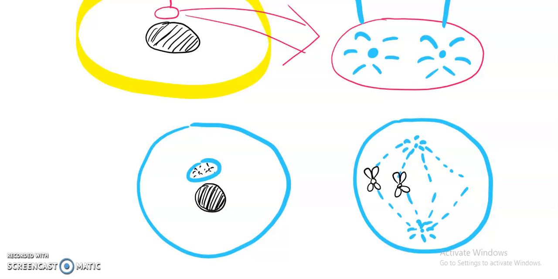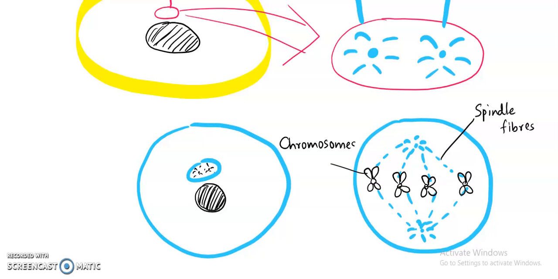In the image, these black structures which I am drawing right now are the chromosomes, and they are being held by special fibers which are known as spindle fibers. So chromosomes are being held by the fibers called spindle fibers which are produced from the centrioles.